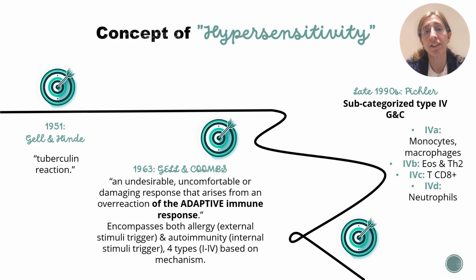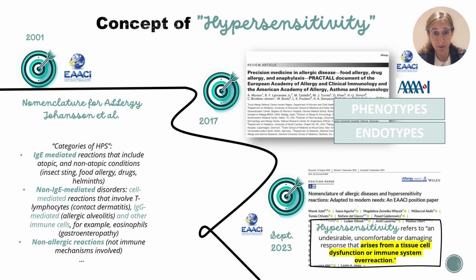Later on, in the 1990s, Pichler subcategorized these type 4 hypersensitivity reactions based on the cells that were involved and also cytokines and different mediators. In 2001, the EAACI refined the nomenclature for allergy and hypersensitivity, with IgE-mediated and non-IgE-mediated or non-allergic reactions.